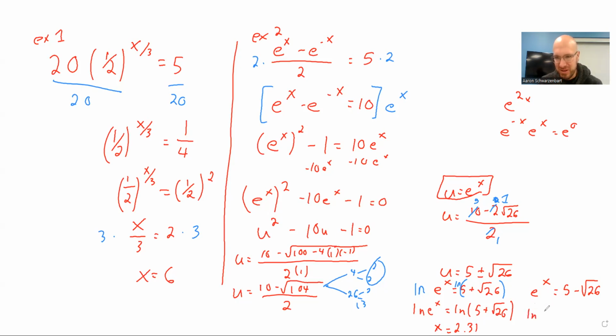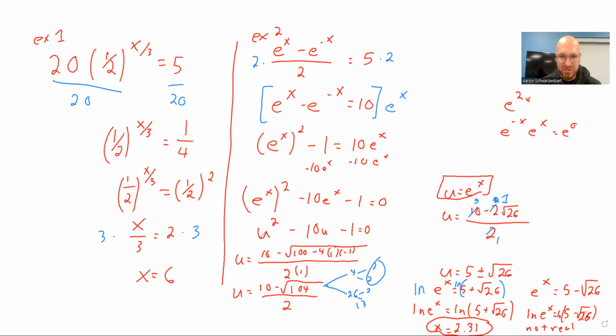When I do this one, oops, take my natural log on that one: natural log of 5 minus the square root of 26, taking the natural log of a negative number, is not defined or not real. That one doesn't have a real answer. So this is my only solution.